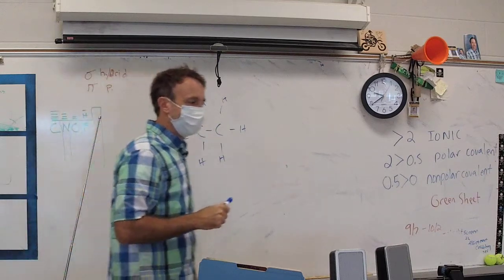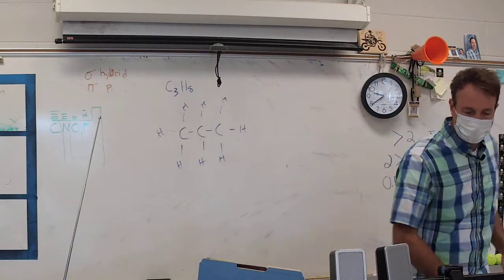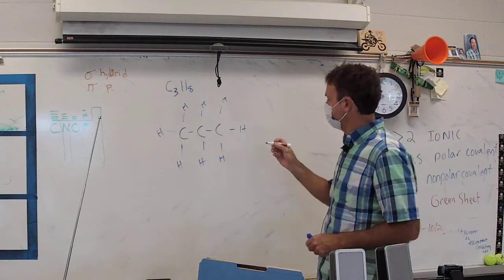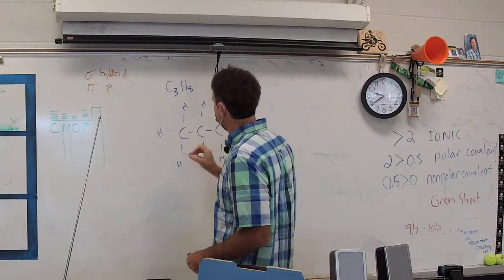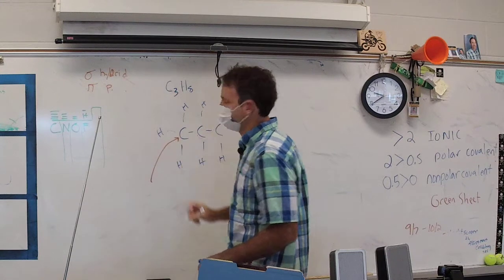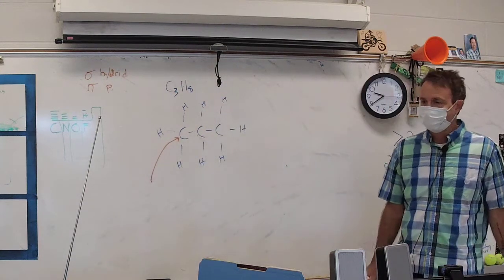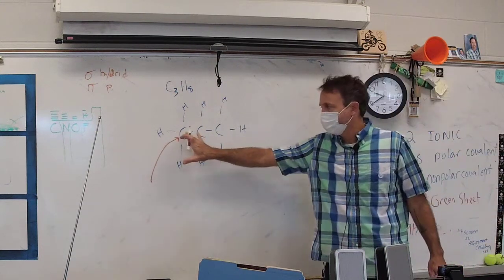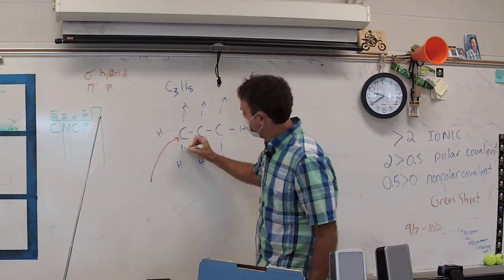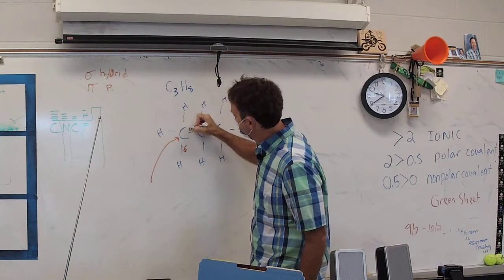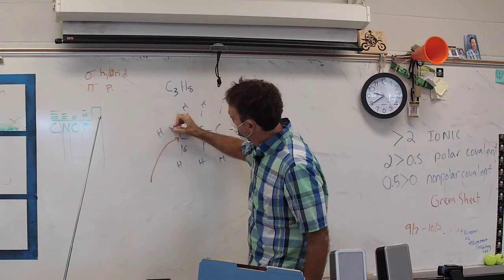First thing we do is label all of the bonds as sigma or pi. We're going to talk about this carbon atom right here, and label all the bonds around it: sigma, sigma, sigma, sigma.